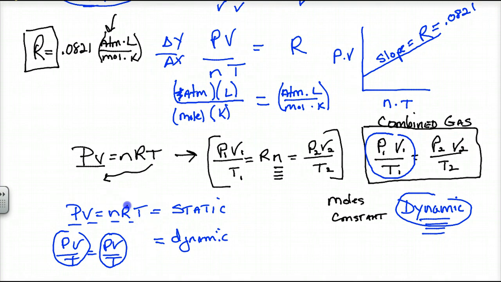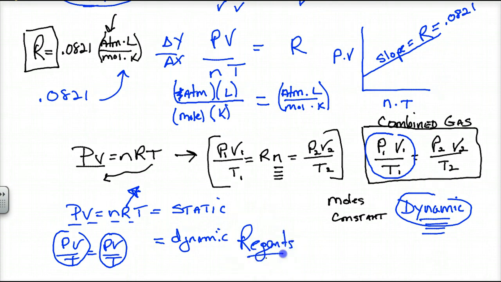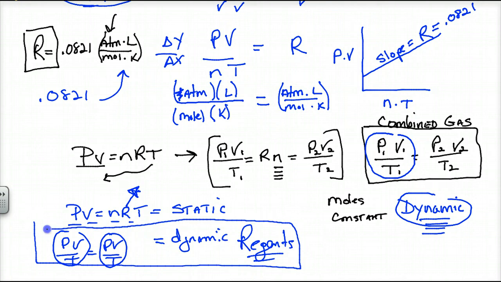Make sure if you're using the static one, you use R as 0.0821 with these units. And if you don't have these units, you're going to have to convert. And that's where the Regents uses just this one, but they don't truly understand that it only works when what's constant?